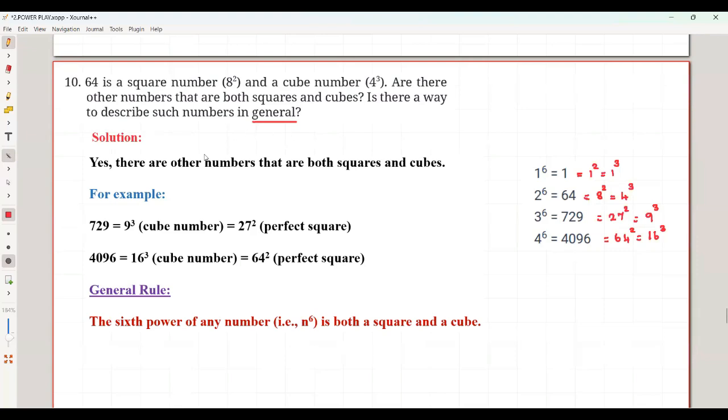The rule is: the sixth power of any number is always both a square and a cube. 1 to the power 6 is 1, which can be written as a square as well as a cube. 2 to the power 6 is 64, which is a square and a cube. 3 to the power 6 is 729, also a cube number and a square number. 4 to the power 6, 5 to the power 6, 7 to the power 6, 8 to the power 6. That is, the sixth power of any number is both a square and a cube.